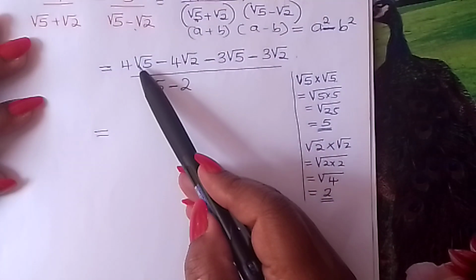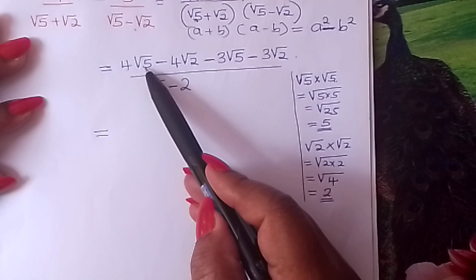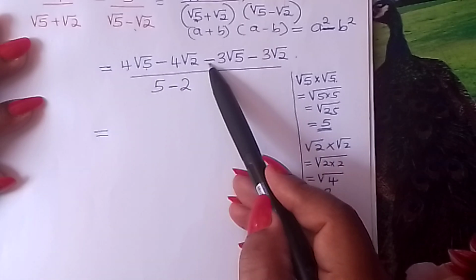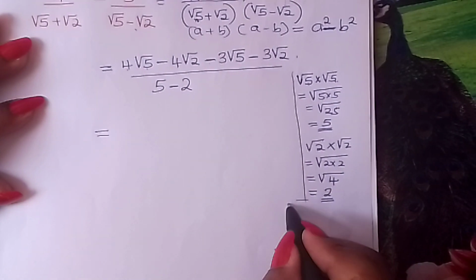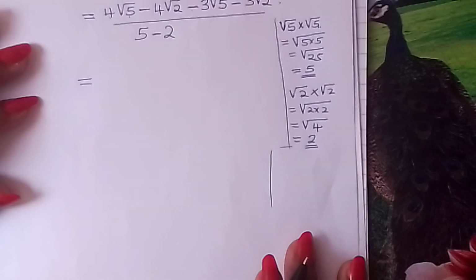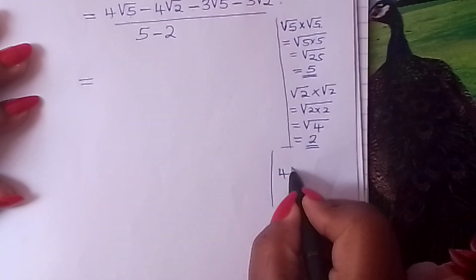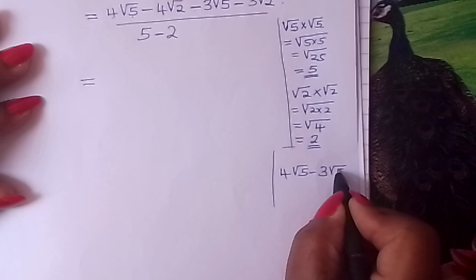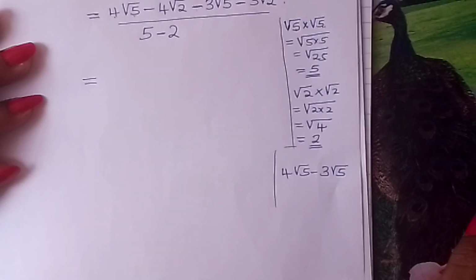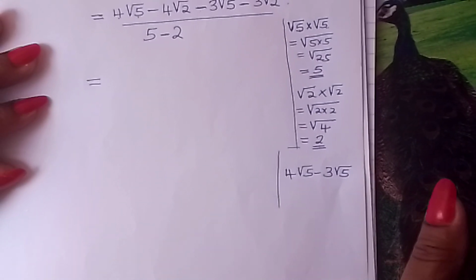Put the like terms together. You have 4 root 5 minus 3 root 5. Look at that, learner. How many root 5s will be left? It is 1.